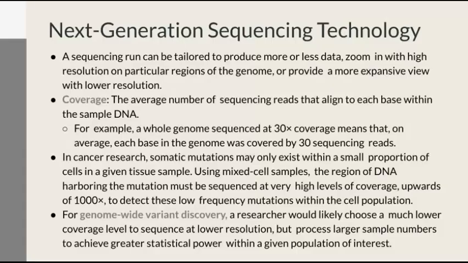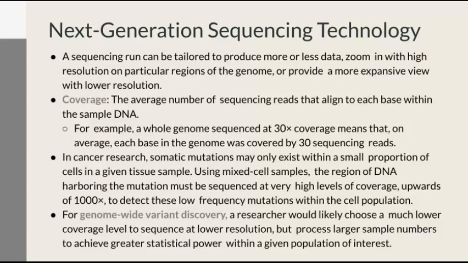There are certain times in which you want to sequence at a much higher depth. Let's say there's a mutation that only happens in a very small subset of cells, or a very rare mutation, or a certain region that you only really see amplified or expressed in a certain disease progression.